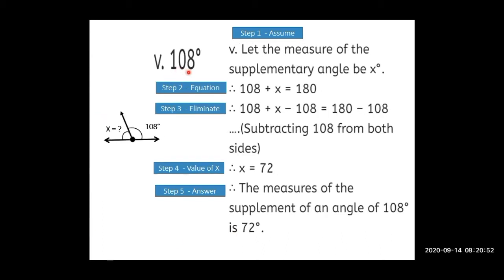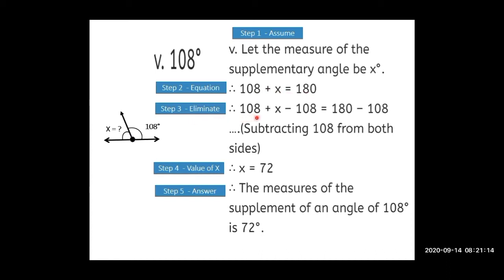Next is 108 degrees. Rough diagram. Step 1, assume. Let the measure of the supplementary angle be x degrees. Equation: 108 plus x equals 180. Eliminate.